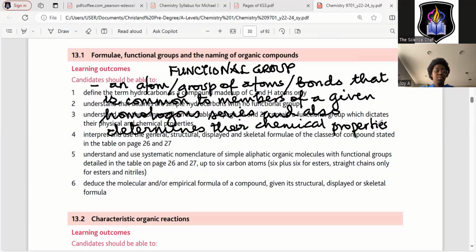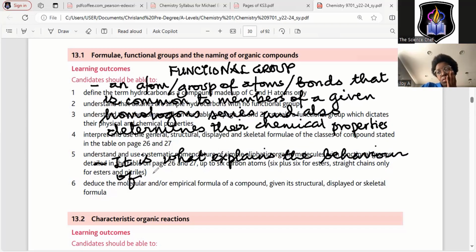So it is the functional group that will determine the chemical properties of a particular homologous series. In other words, it is what explains the behavior of a given family of organic compounds.